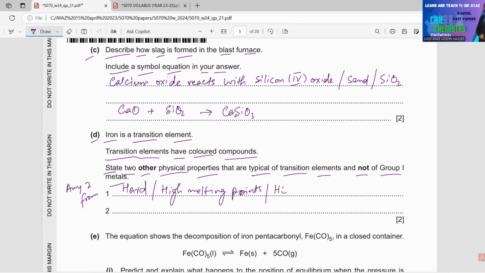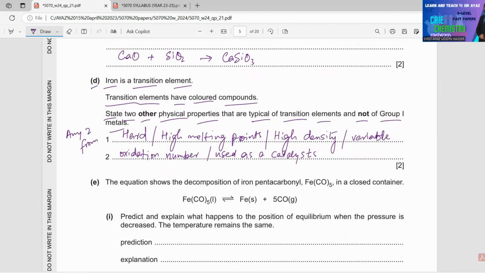High density. They have variable oxidation numbers. Or they can be used as a catalyst. Group 1 metals are not used as catalysts. So you can write any two from these.